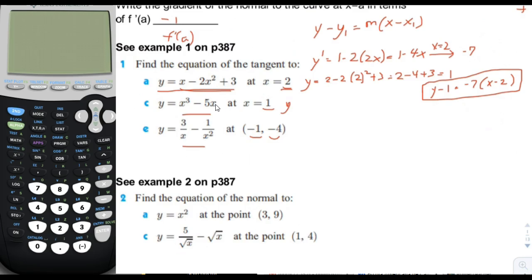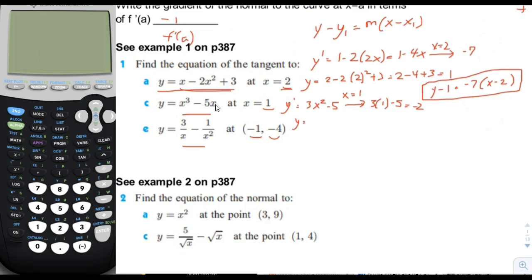Now we do the same thing here for this one. The derivative of the function is 3x squared minus 5. If we evaluate that at x equals 1, it's going to give us the slope that we're going to use for the tangent line. It's going to be 3 times 1 squared minus 5, which is equal to negative 2. And then we do need to know the value for y at x equals 1.